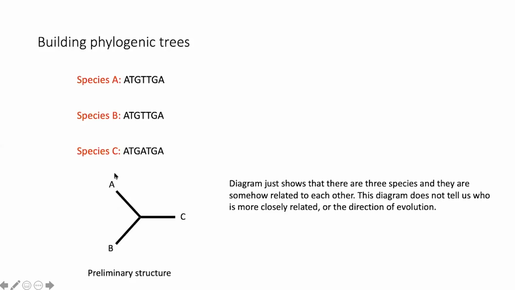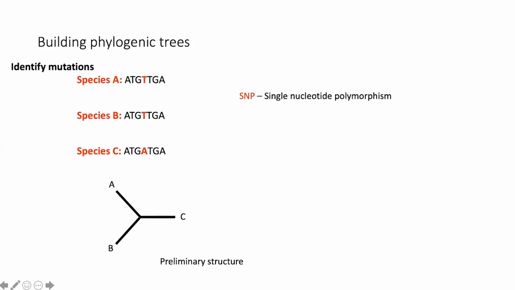So right now, this is a preliminary early structure that just says, hey, we have these 3 different species, they're all related to each other, and these lines are denoting how they're related to each other.